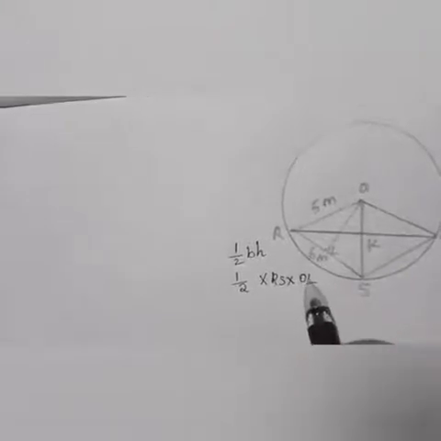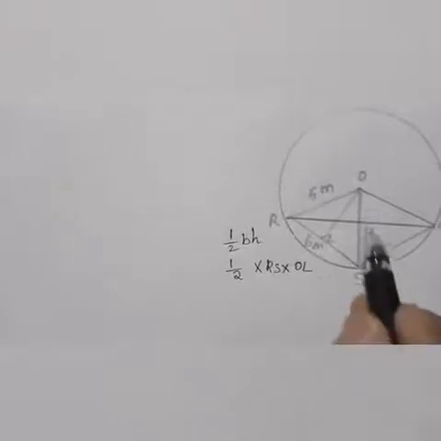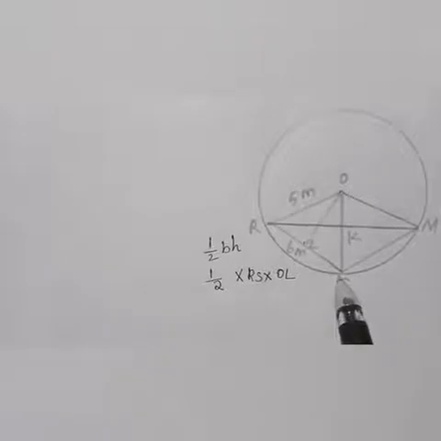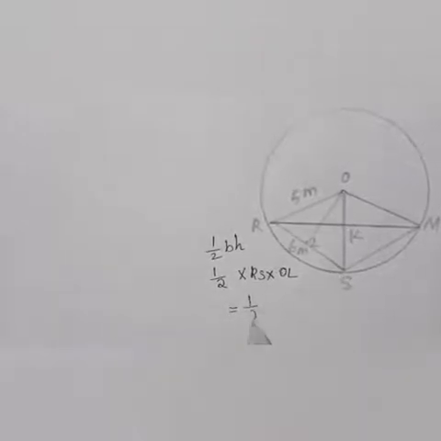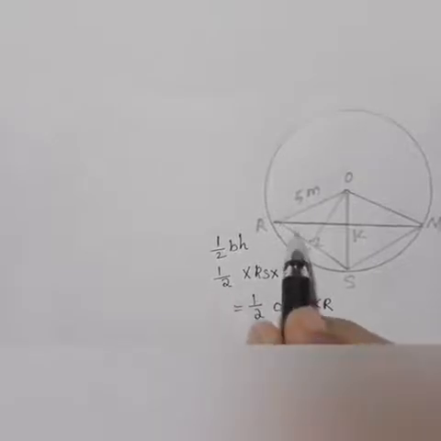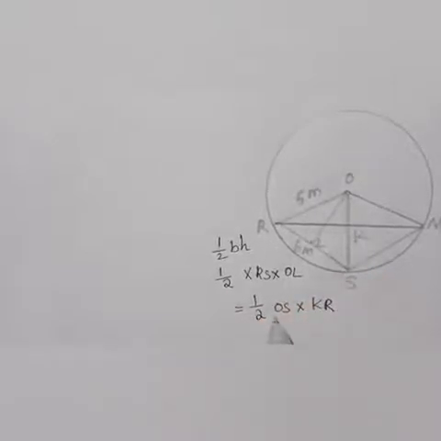Now consider next triangle ORS. Area of triangle ORS is equal to half into OS into KR. We take area of the same triangle in two ways.